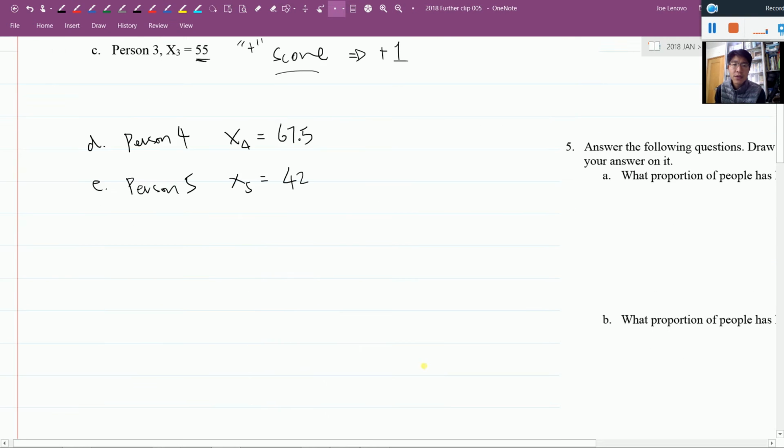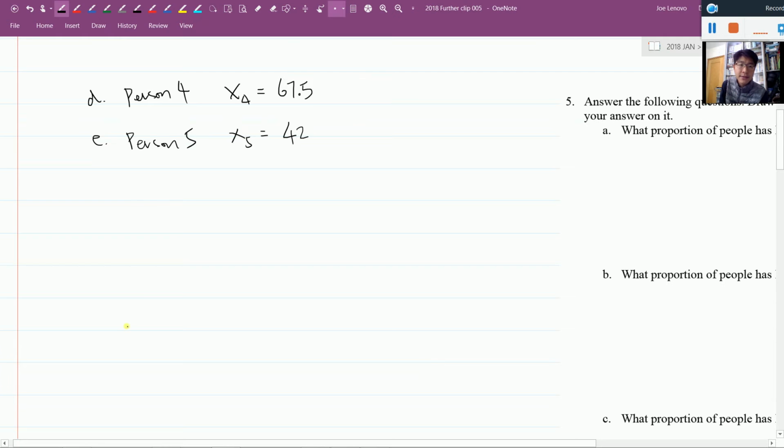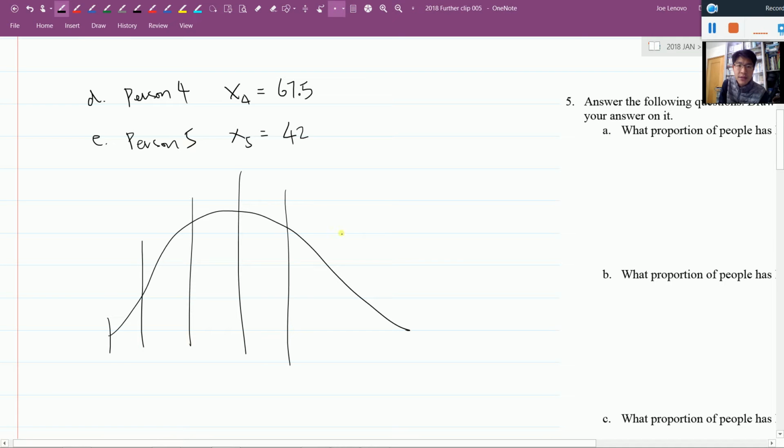If I look at the graph again, the bell curve, 1 chop, 2 chop, this is 1, this is 2, this is 3, and this is 1, this is 2, this is 3. If right in the middle is 50, 1 standard deviation is 45, 2 standard deviations is 40, the last one is 35, then 55, 60, and 65.